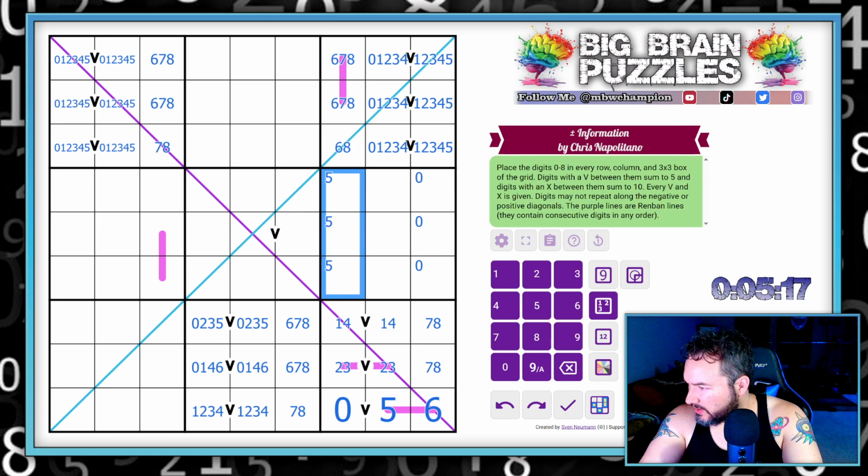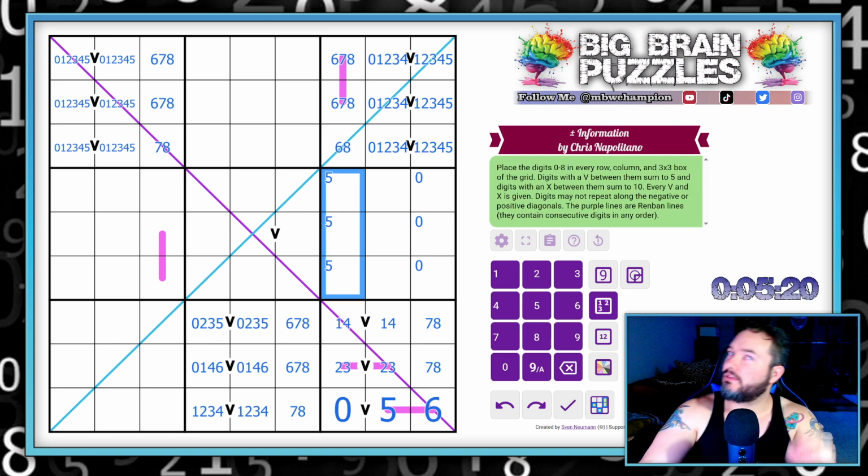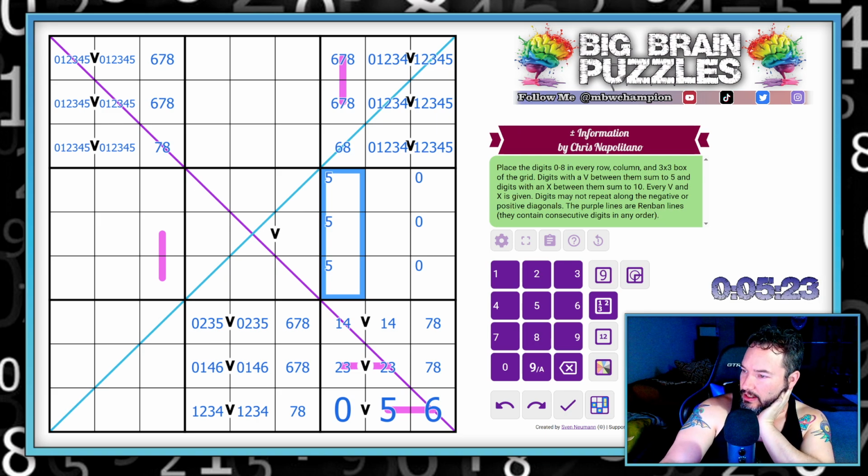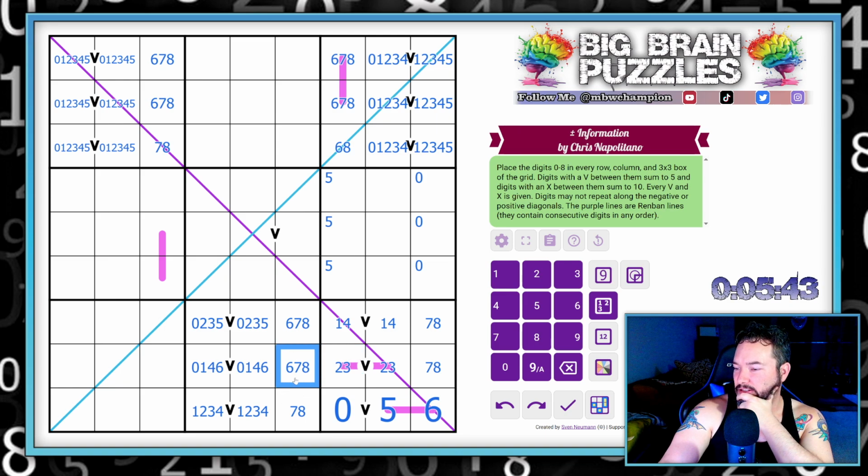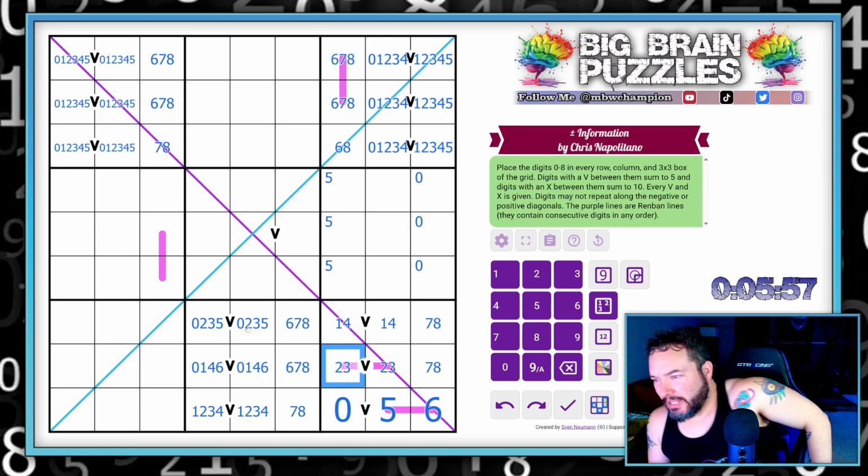It says every V and X is given, so it can't equal 5 or it can't equal 10. I'm trying to see if there is anywhere here that it would equal 5 or 10 that's not showing a V. Like, if this was an 8, this couldn't be a 2, for example. But I don't think we have enough information to truly say what that's going to be.